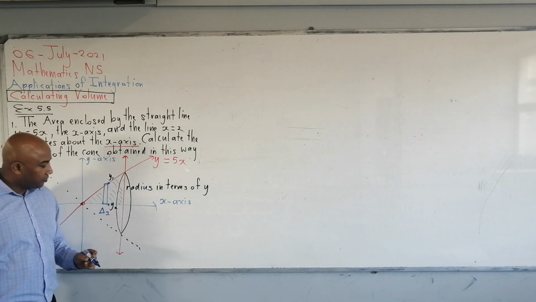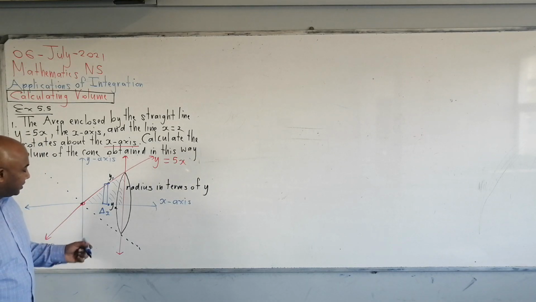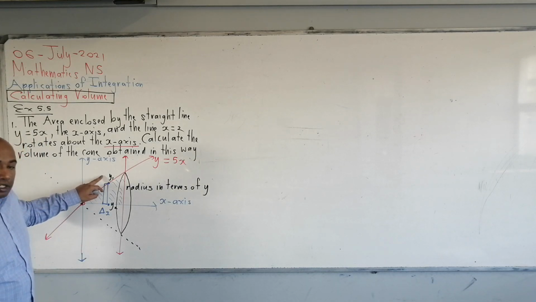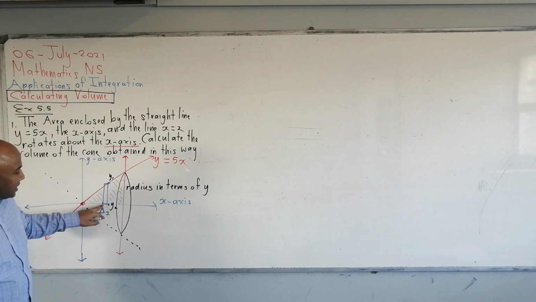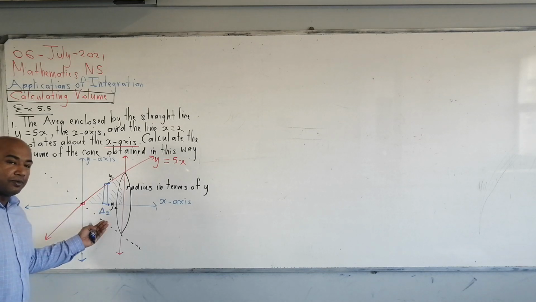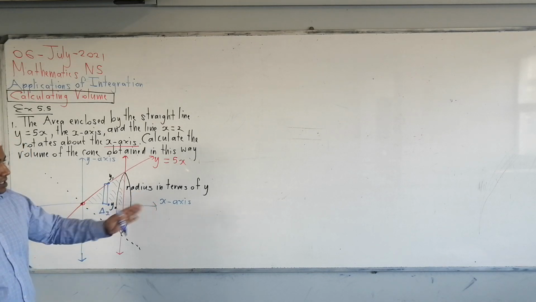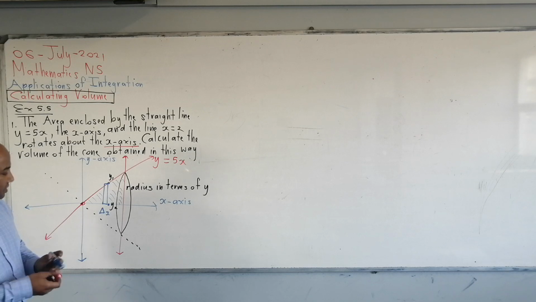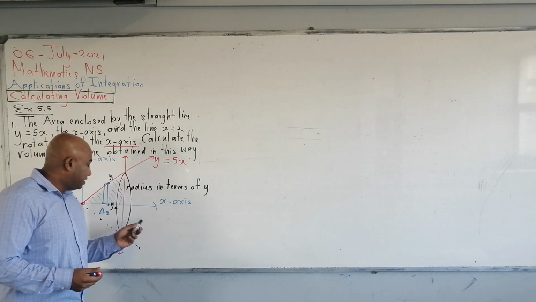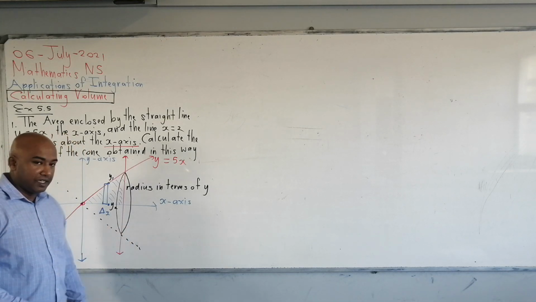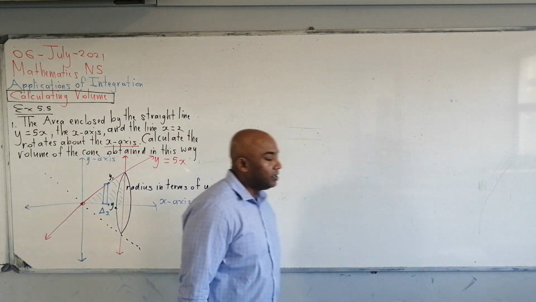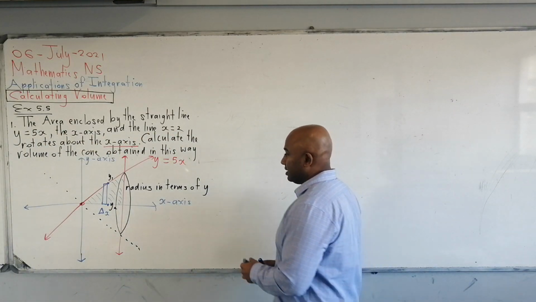Okay, so now the volume. Remember, what's touching the top is y1. What's touching the bottom, we call it y2. It happens to be the x-axis, but it won't always be the case. Now the fact is we have delta x. Right, so now the disk method.